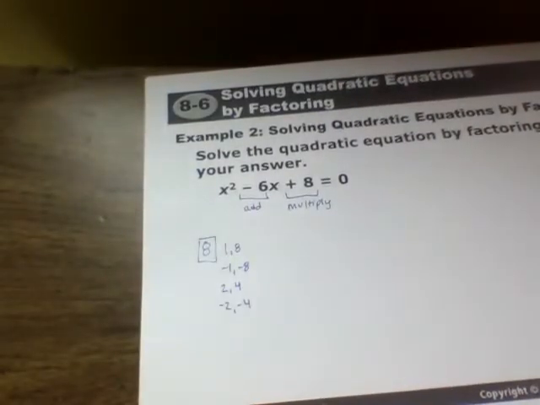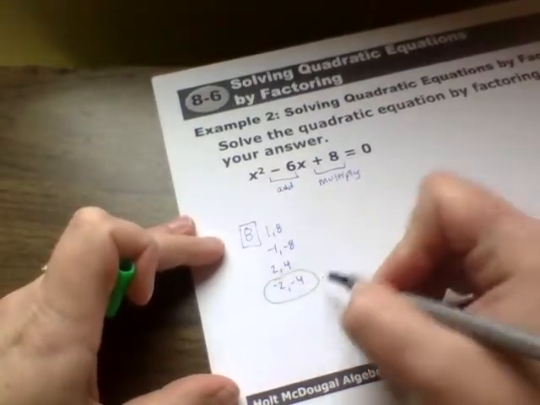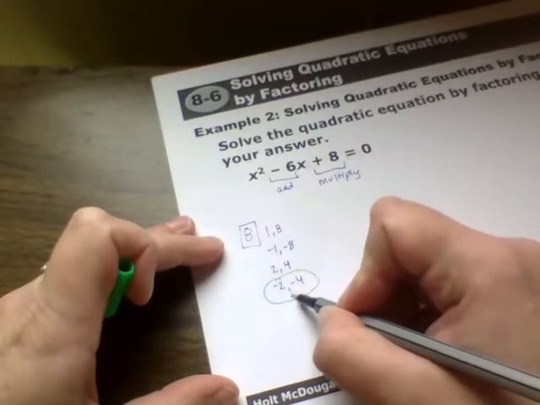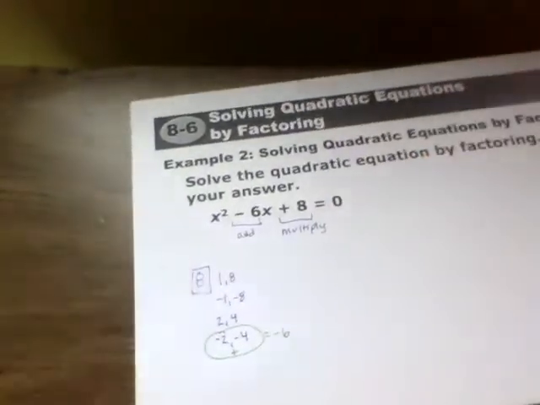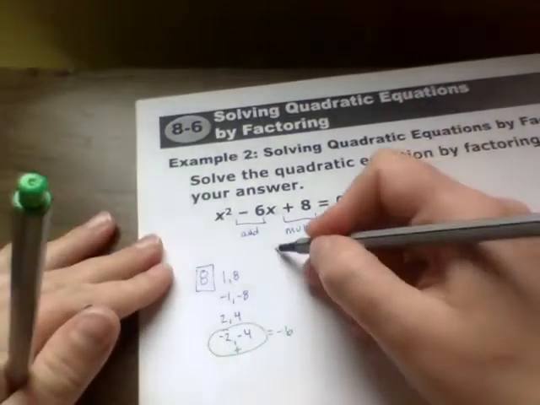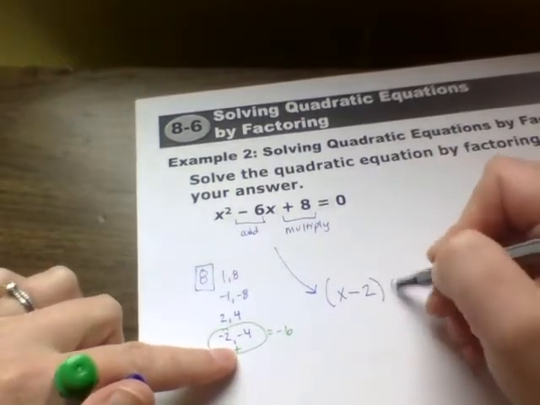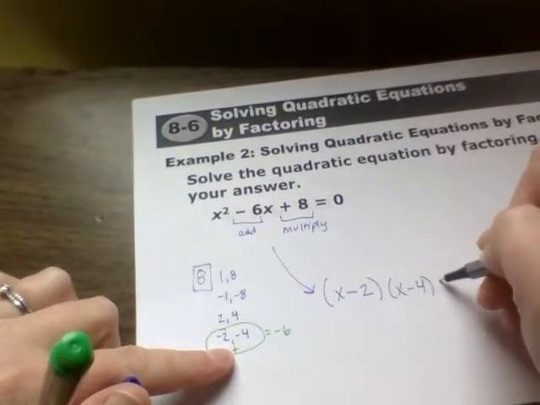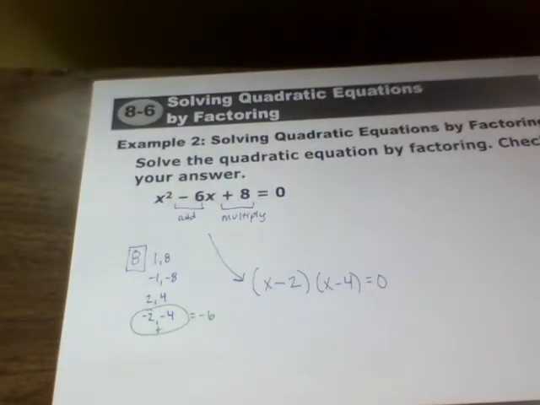We are trying to find out which ones add to be -6. These are the ones that add to be -6. And so that means our factoring is going to turn out to be x minus 2, x minus 4. So that is our factoring.